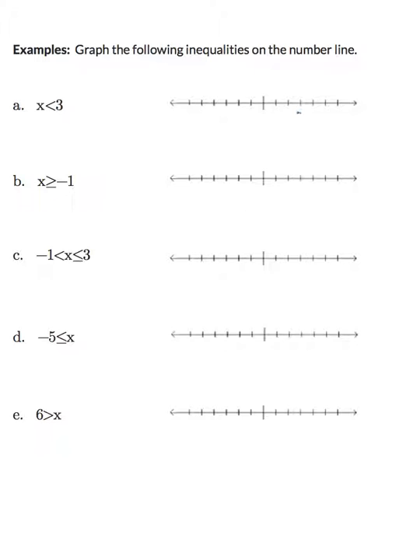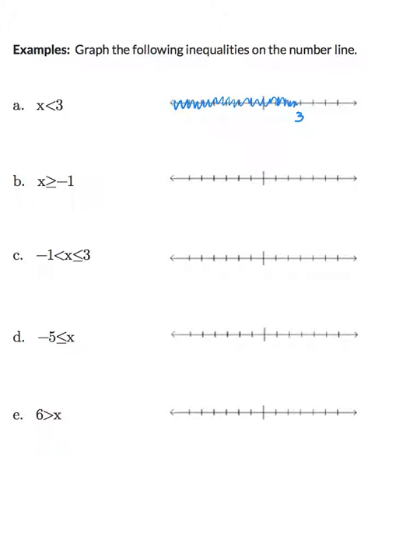Now I'm not going to put a dot on this one, only because remember we're going to use a parenthesis or a square bracket. From here, I want to shade the side that corresponds to the inequality. Where are the numbers that are less than 3? Well, the numbers less than 3 are going to be to the left. So I want to shade everything to the left of 3.